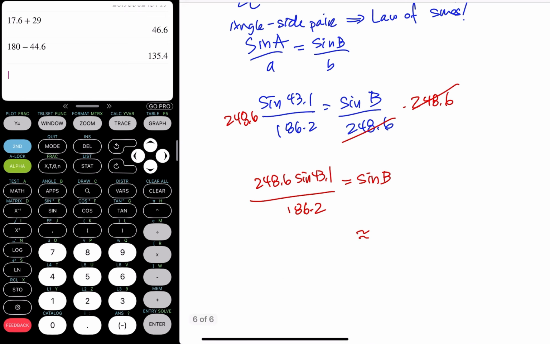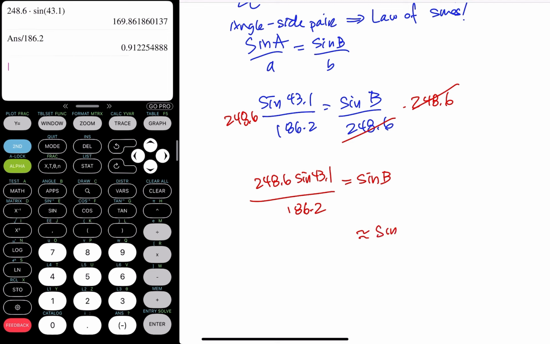And so what is that? Let's go with 248.6 times sine of 43.1, you get an answer and divide it by 186.2.